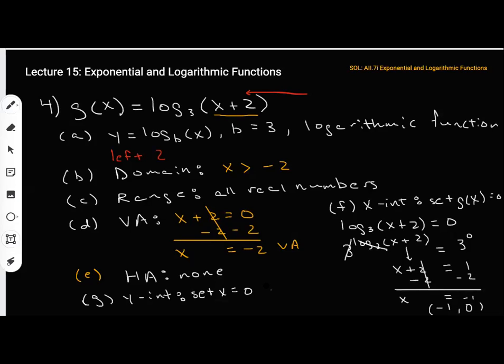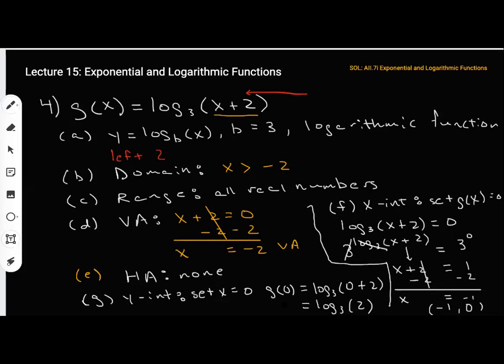We get g of 0 is equal to log base 3 of 0 plus 2. So we're just letting x be 0 at this point. And then what's 0 plus 2 going to be? That's going to be 2. So I get log base 3 of 2.